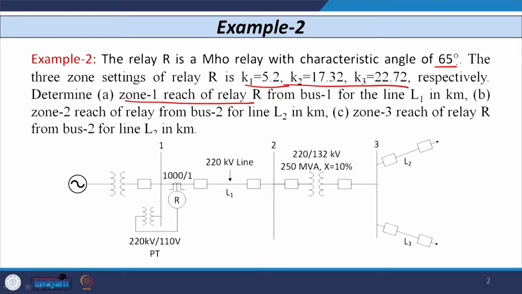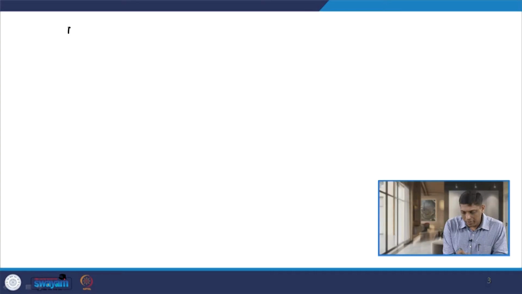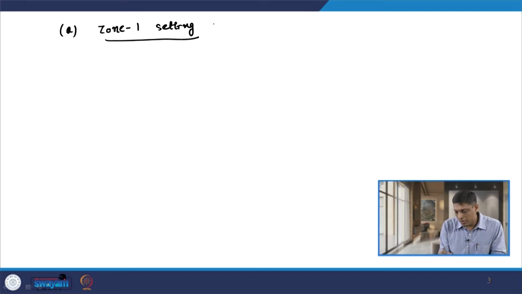So let us start with the first part, the A part. Zone 1 setting of relay R. The value of K1, the zone 1 setting, is given as 5.2.